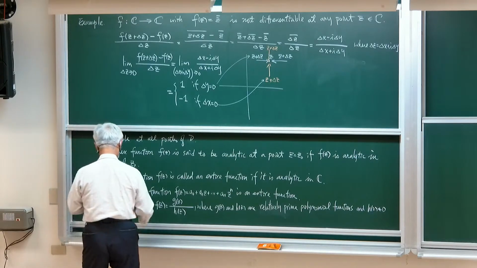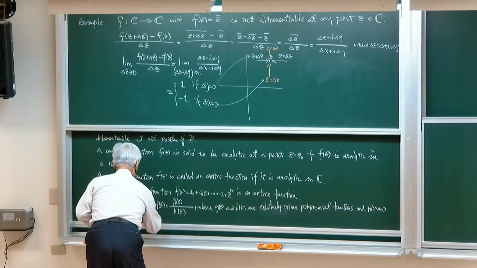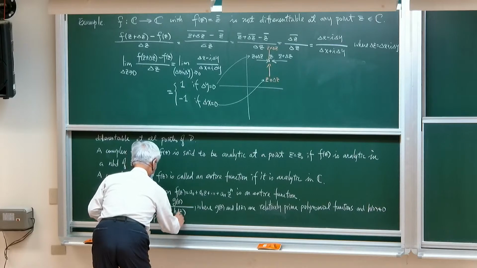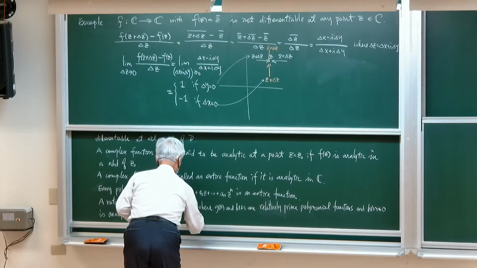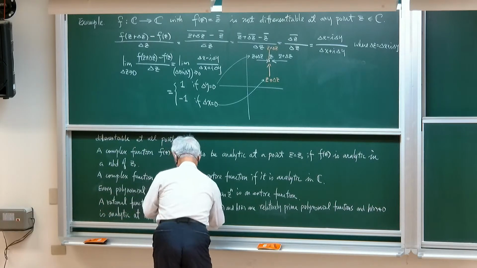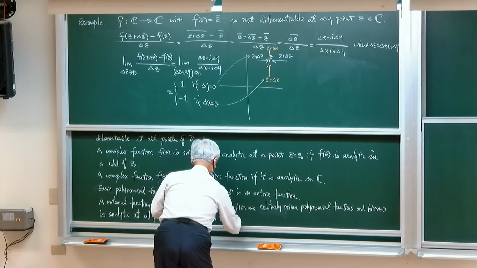And so a rational function is analytic at all points in C, except where h of z is equal to 0.